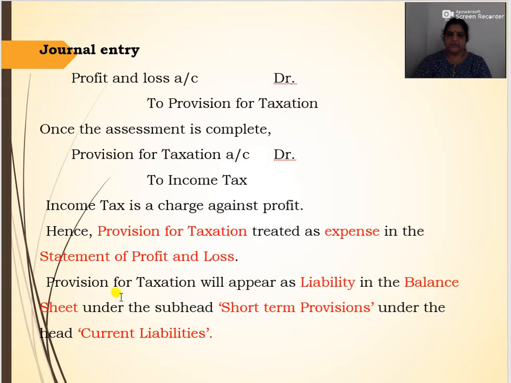So there is a head current liabilities, and under current liabilities there is a subhead, that is short-term provisions, and under short-term provisions this provision for taxation will be shown. So this is the third adjustment, that is regarding provision for taxation. Okay. So these are the three main adjustments regarding income tax.